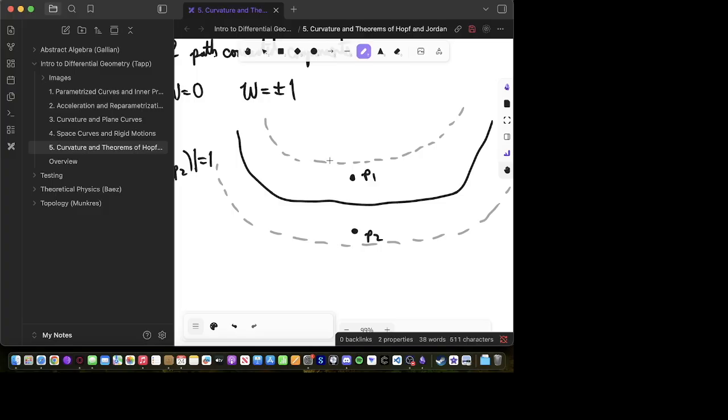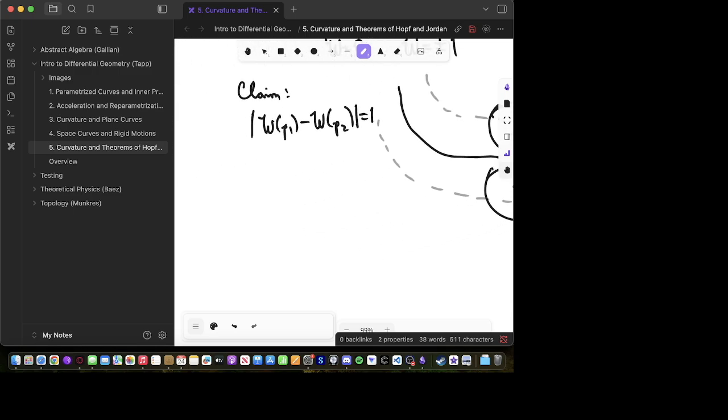So first we want to figure out what the path denoted by this means.